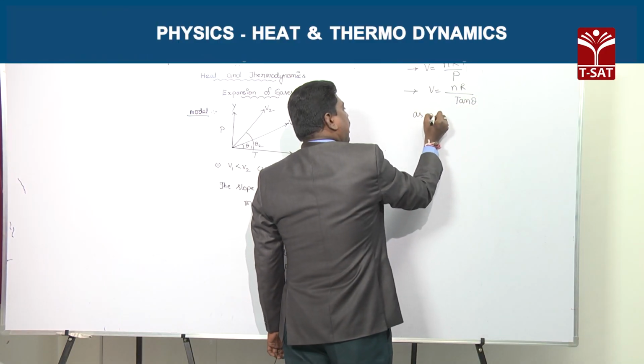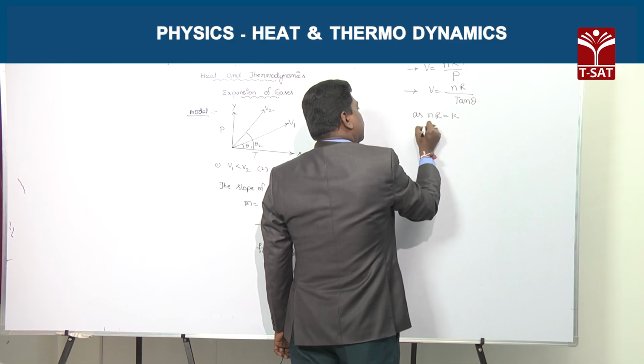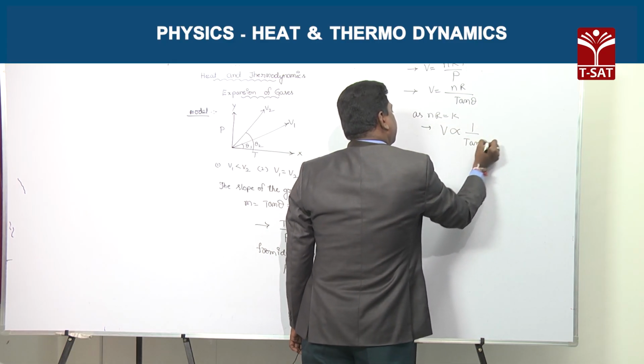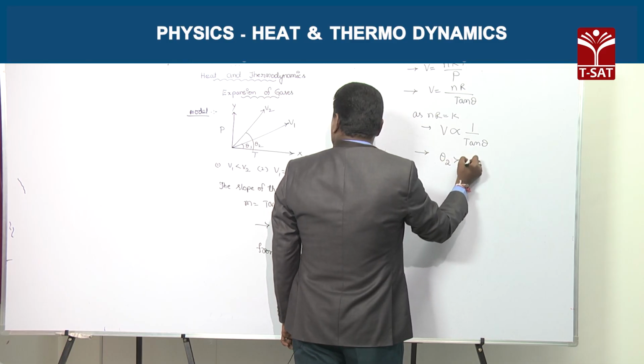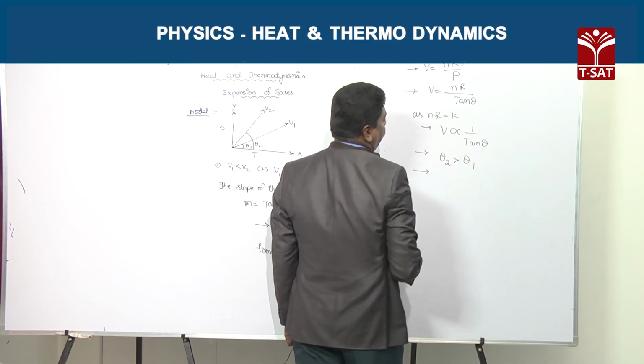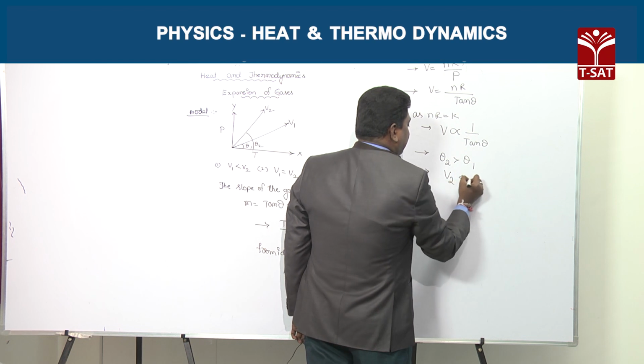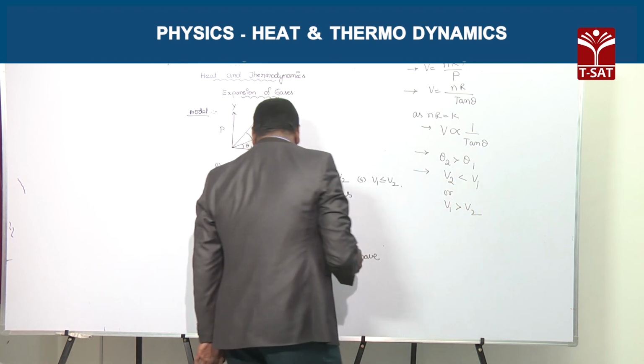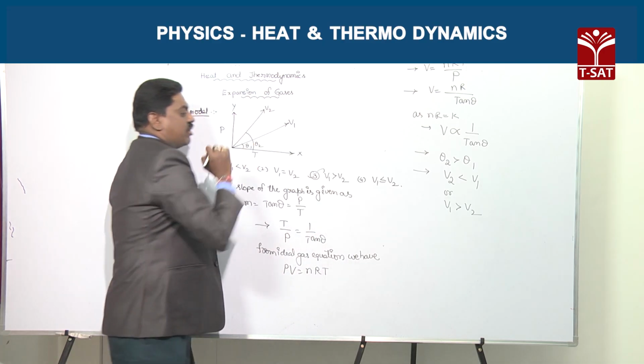As nR is constant, V is inversely proportional to tan theta. Theta 2 is greater than theta 1, therefore V2 is less than V1, or V1 is greater than V2, and V1 greater than V2 is the third option.